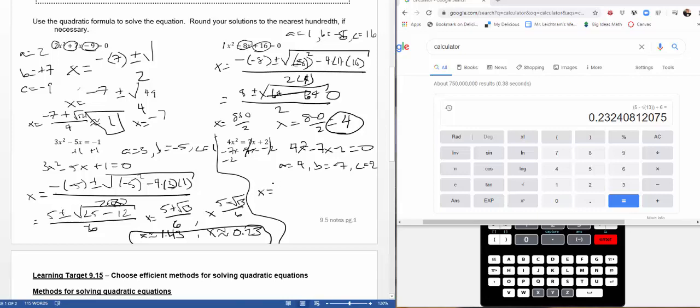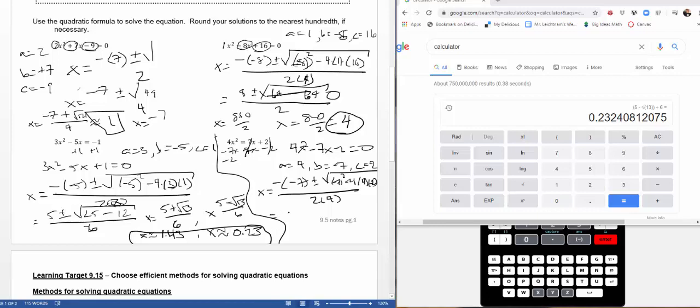x is minus b, minus negative 7, plus or minus the square root of negative 7 squared minus 4 times a times c, all divided by 2 times a.